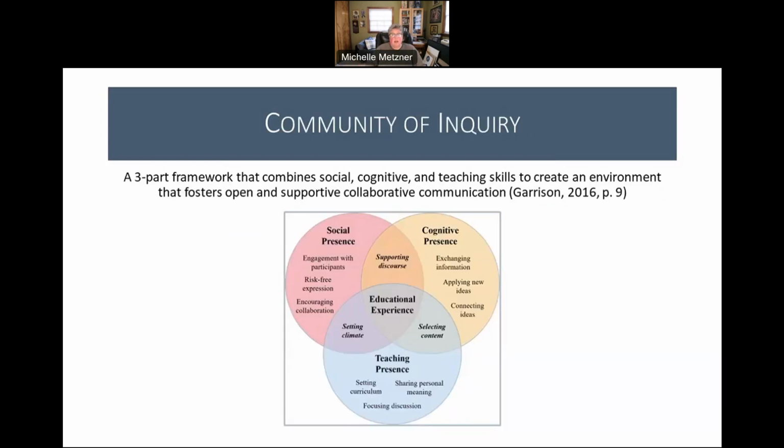In order to interact openly, group members would be wise to create a community of inquiry, which is a three-part framework that combines social, cognitive, and teaching skills to create an environment that fosters open and supportive collaborative communication. In other words, the community of inquiry is a space, either in person or virtual, in which participants feel safe to present and explore ideas and provide and receive constructive feedback.